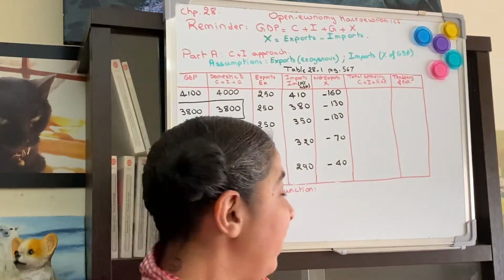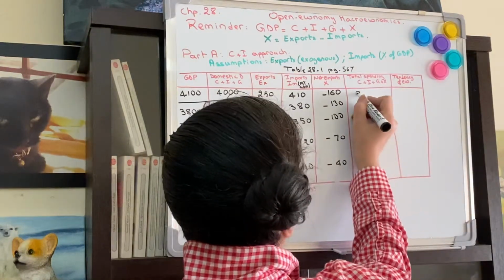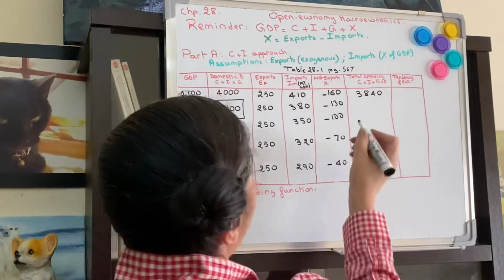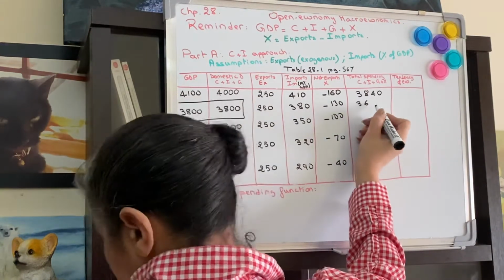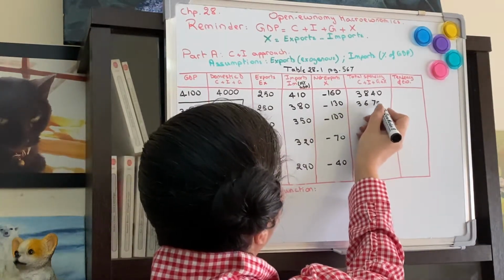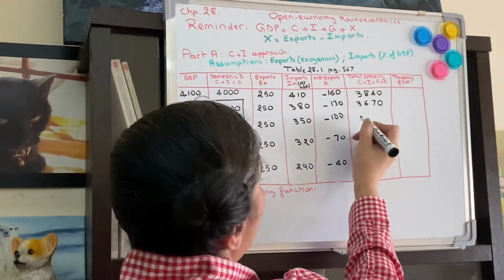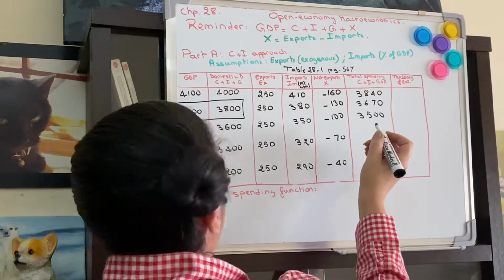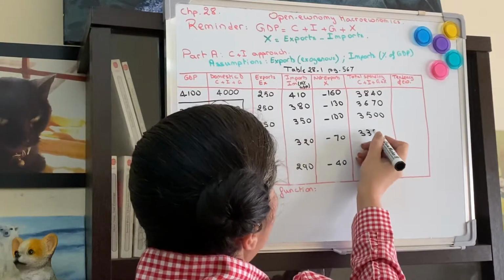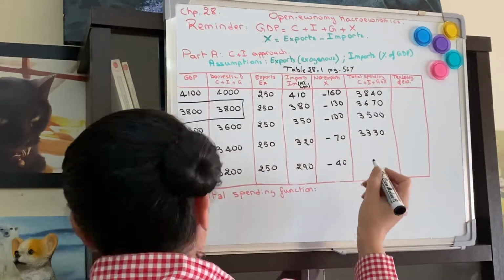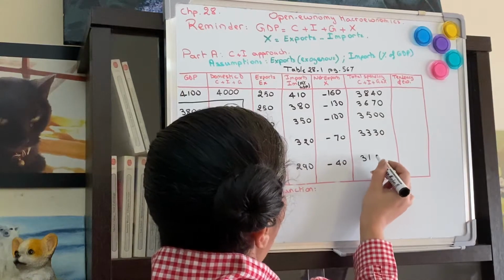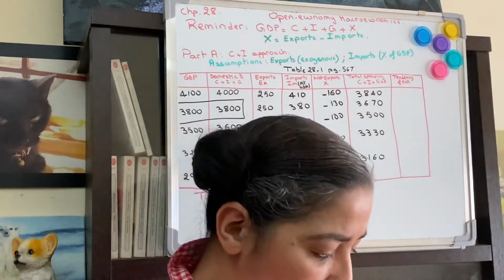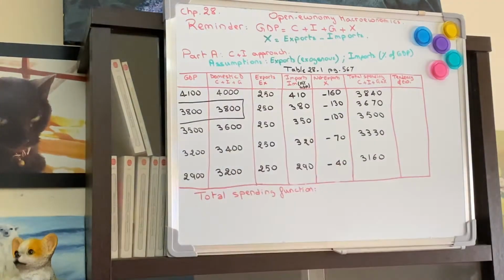Okay, 3,840, 3,670, 3,500, 3,330, and 3,160. Okay, done with the table.